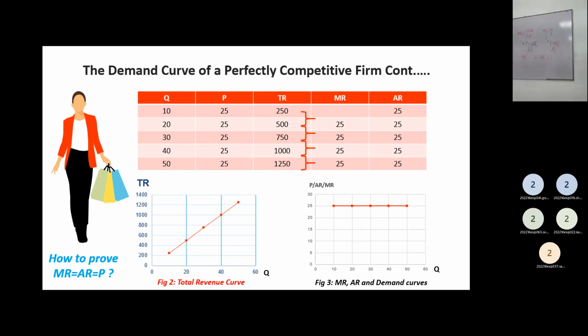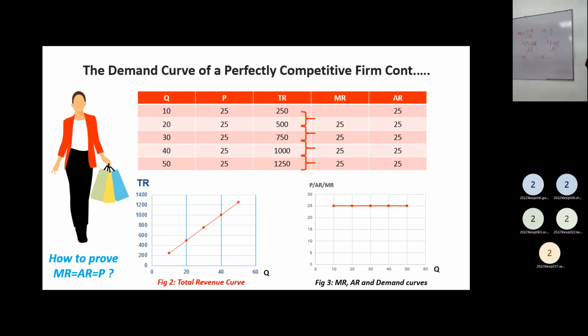That is why we learn this perfect competitive market structure, and this is an assumption. We learned the basic criteria to categorize market structures, what a perfect competition market structure is, its basic features, and how to derive the demand curve.